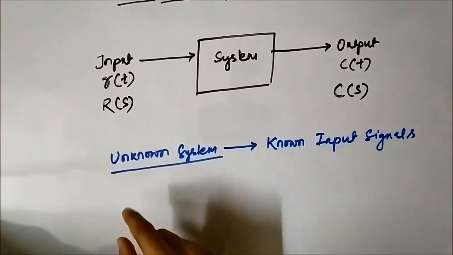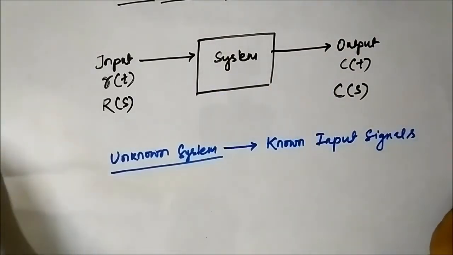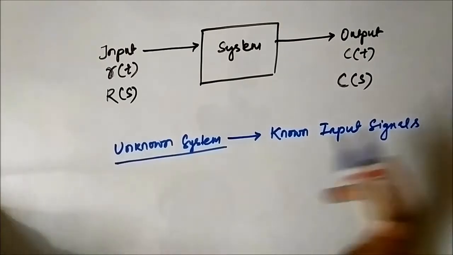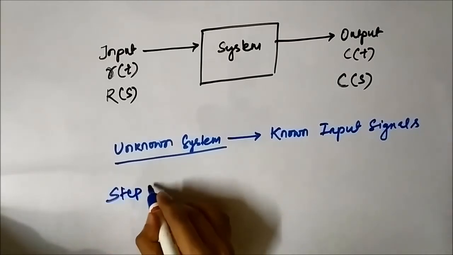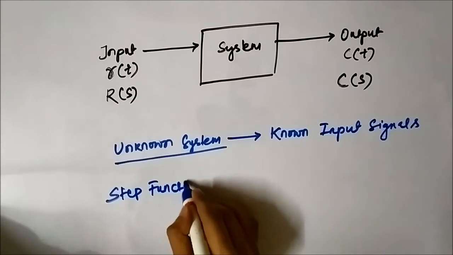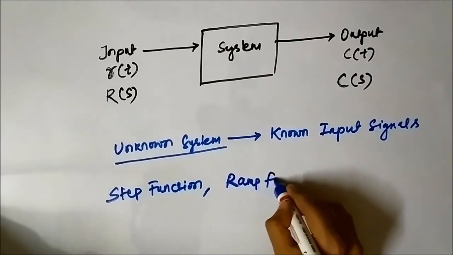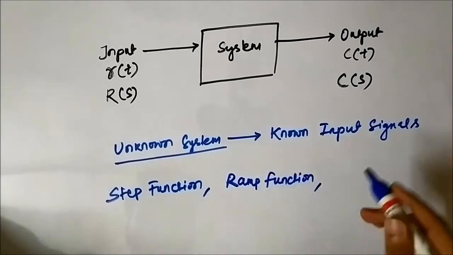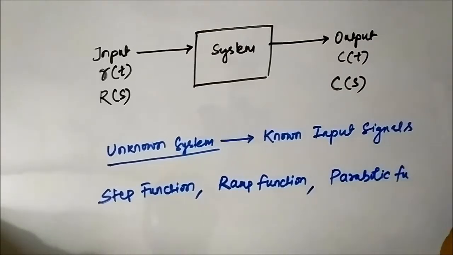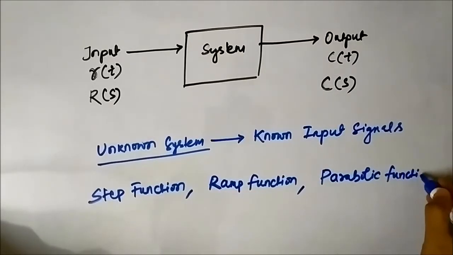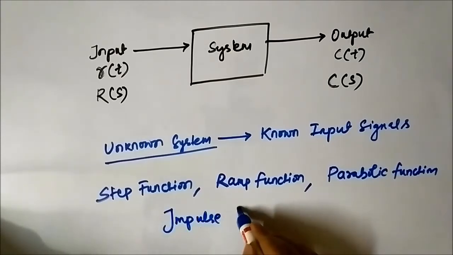So the known input signals that are generally given for the analysis of these unknown systems are the step function, or step signal, a ramp signal, or ramp function, a parabolic signal, or parabolic function, or an impulse function.